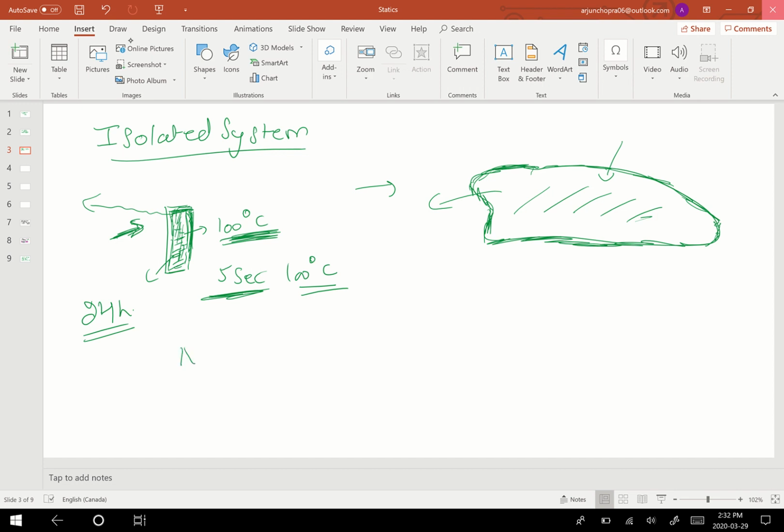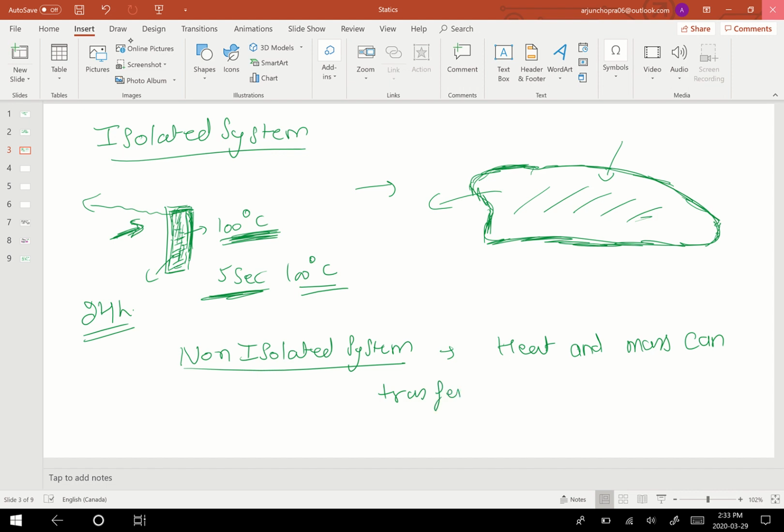So a non-isolated system means a system in which heat and mass can transfer from the system to the surroundings.